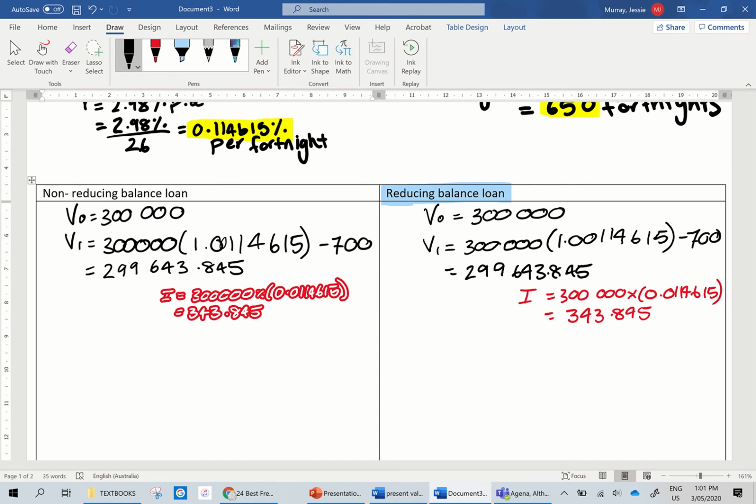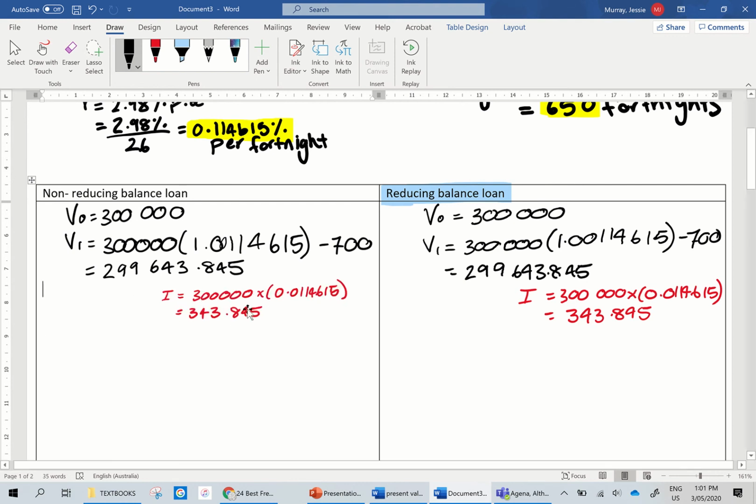So after one fortnight, I owe $299,643.845 once they charged me interest and I paid my repayment. So all I did down here, which is this big bubble, is I just worked out how much interest I paid that fortnight.